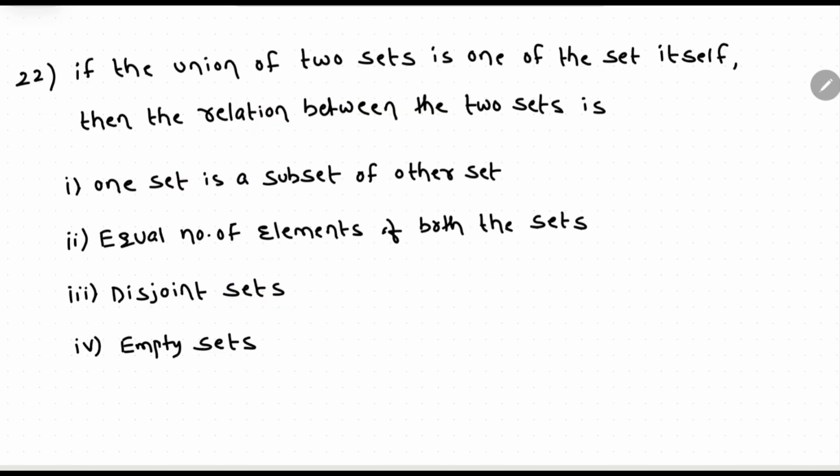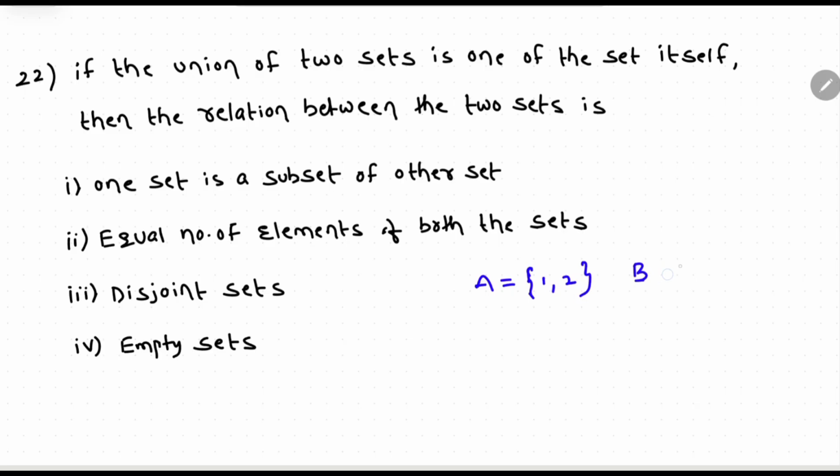Now in the given problem, if the union of two sets is one of the sets itself, then what is the relation between the two sets? Coming to answer 1, by verification we can try it. One set is a subset of the other set. I'm taking some A, that is 1 comma 2. We are going by the example.